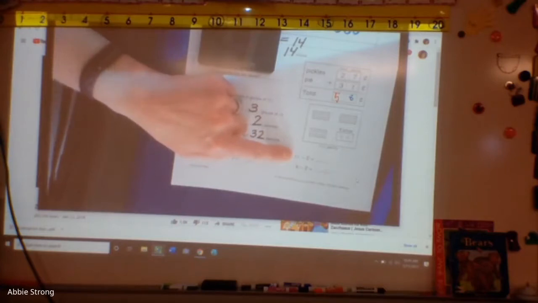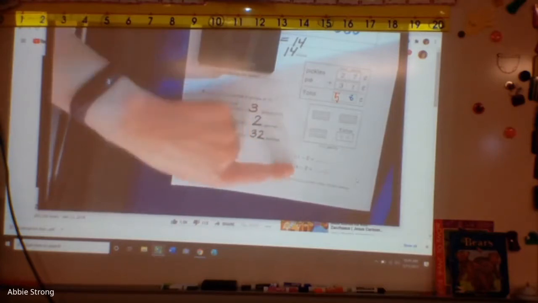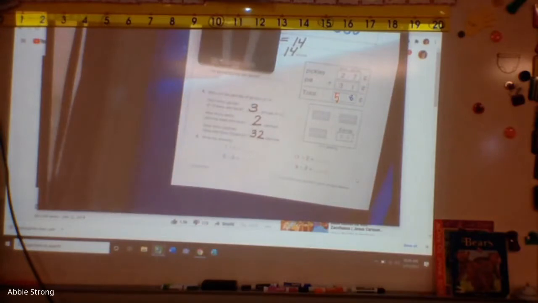How many do you have? And then the last one. 6 minus 2. Find the 6 on your number line. Take 2 of them away. And then you're going to have your answer.